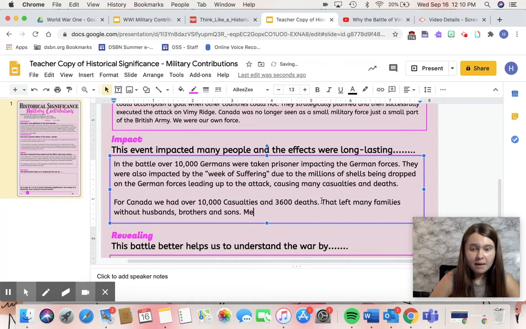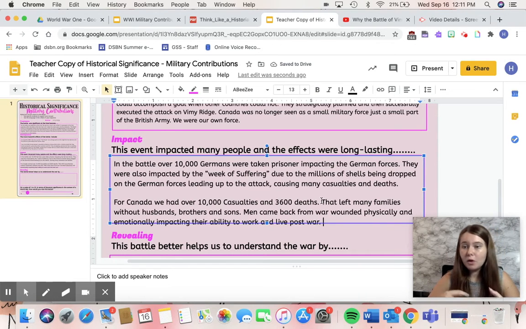And then men came back from war, wounded physically and emotionally, impacting their ability to work and live post-war. Men would lose arms and legs, and this is the time before the prosthetics that we see today.